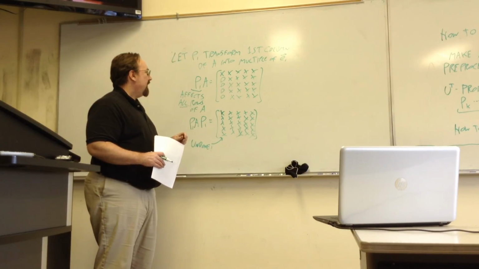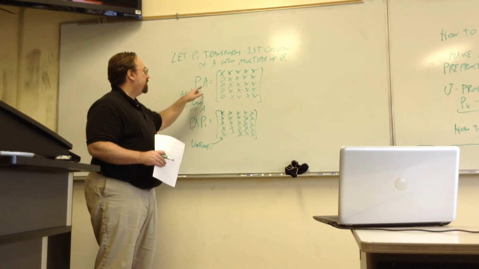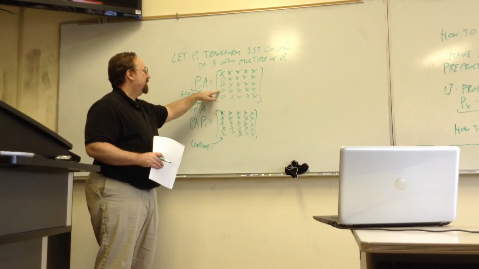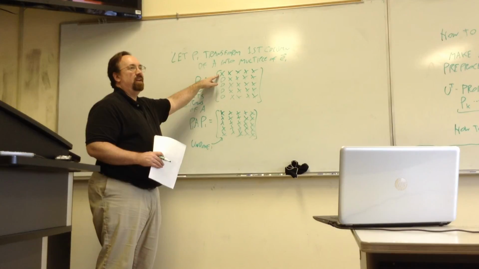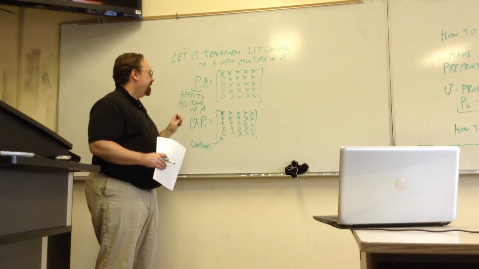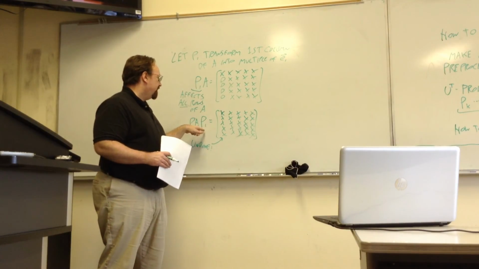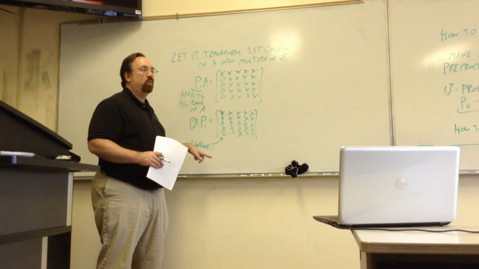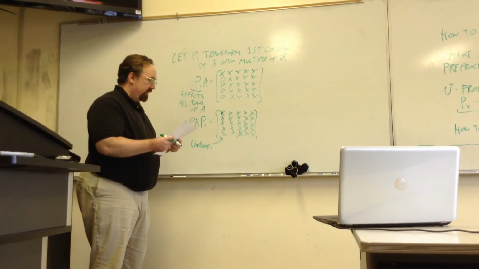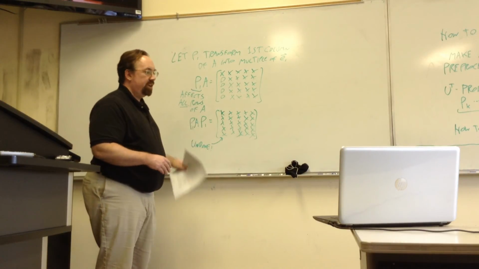So if we want to do something to the first column, we have to leave alone the first row. That way, whatever we do when we apply this Householder reflection on the right, it won't touch the first column. It'll preserve our work. So here's what we'll do instead.